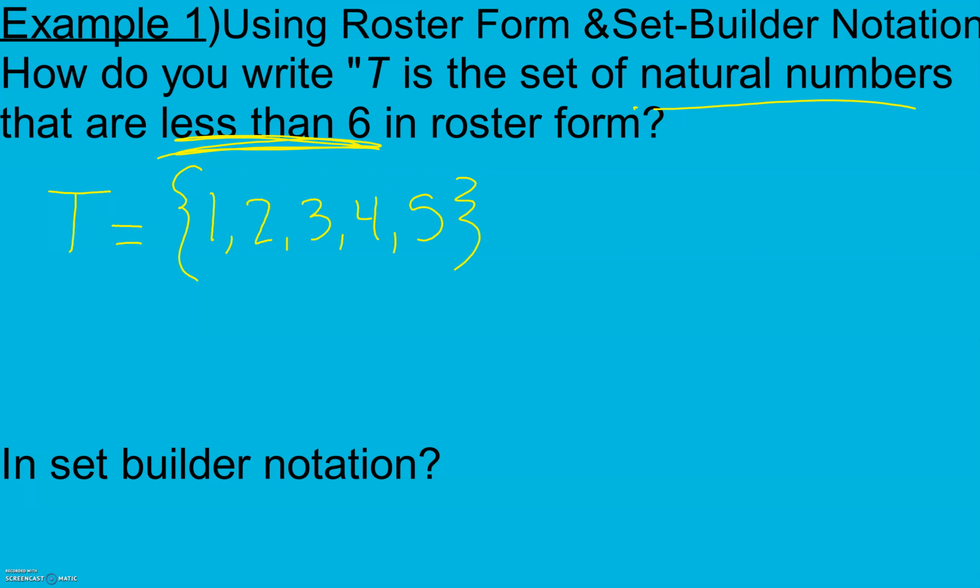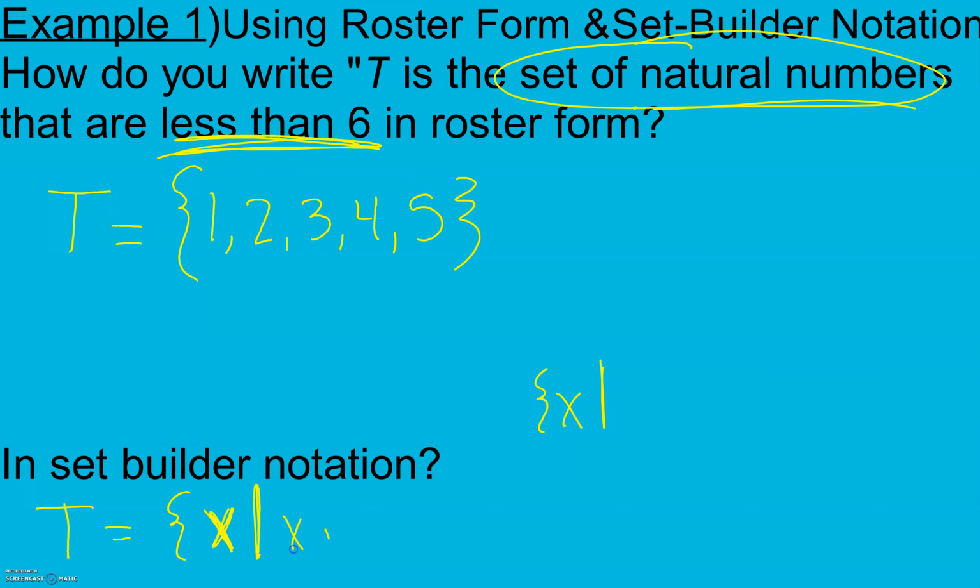In set builder notation, our set T is curly brackets, any number. So we pick a variable, x, such that, and we always have to have that x such that. Here, we're restricting it to the set of natural numbers, so we say x is a natural number, comma, because we have another restriction.